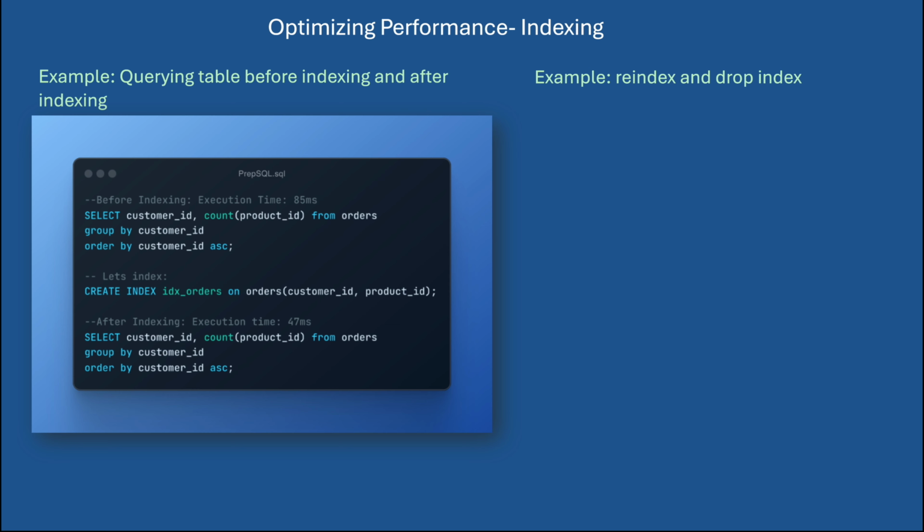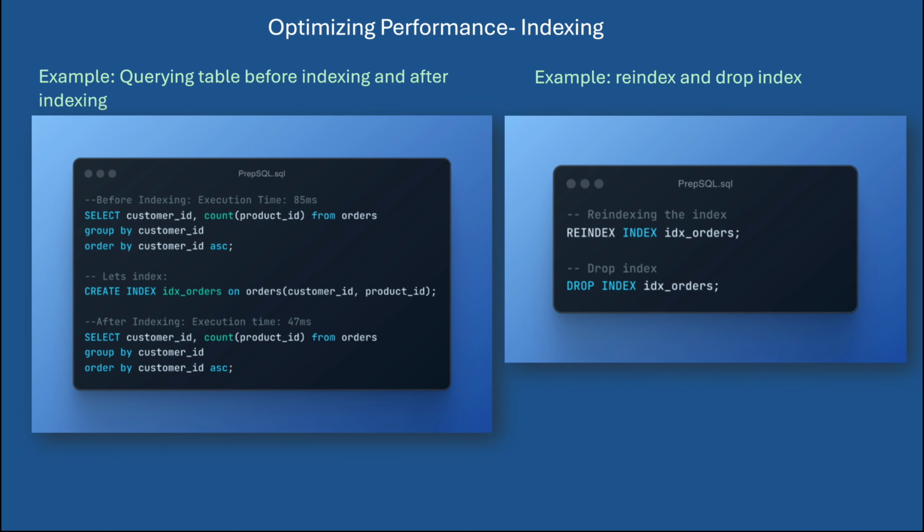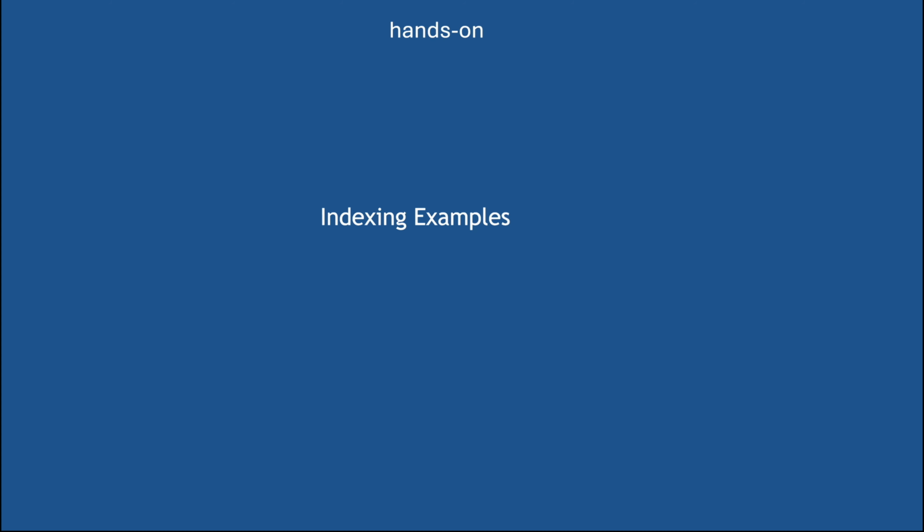Sometimes we might have to reindex if our indexing is not efficient, and also sometimes we might have to drop the index. To reindex, we use REINDEX INDEX and then give the index name, in this case idx_orders. For dropping the index, we just use the DROP INDEX command with the index name at the end.